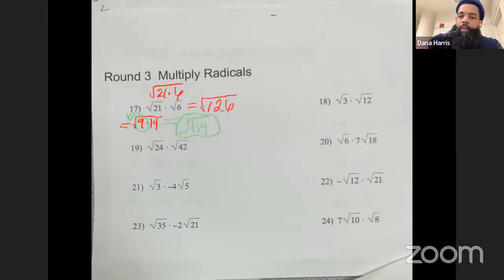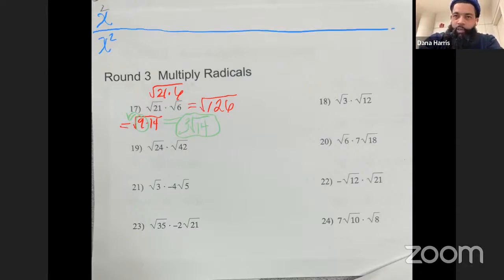Another thing I like to do is show students that if you create a table of values, right? So if I have X and I have X squared, and I have 1, 2, 3, 4. This is a 13, okay?